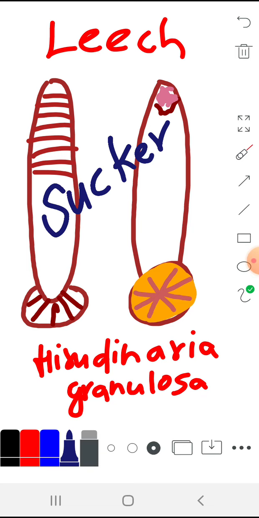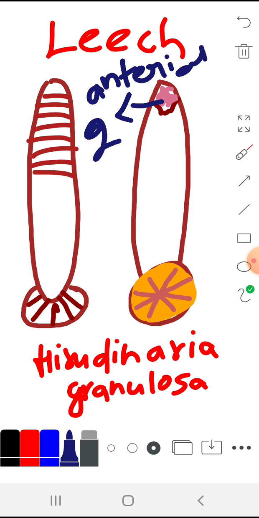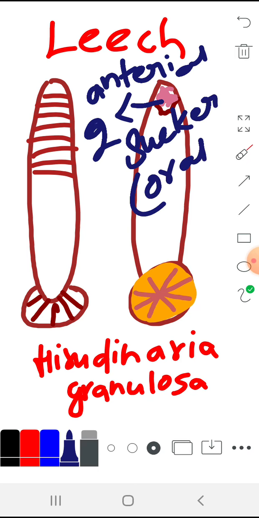That is what we call a sucker. The leech has two suckers. The one located at the anterior end is called the anterior sucker or oral sucker.